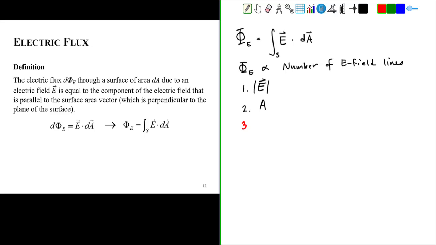And it depends on the orientation of the electric field vector with the area, and I should add, with the area vector.